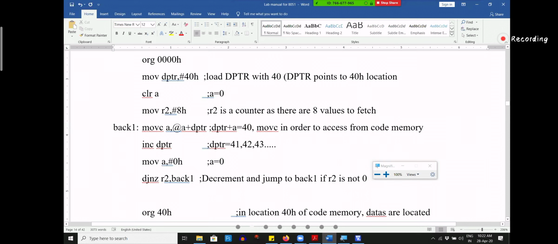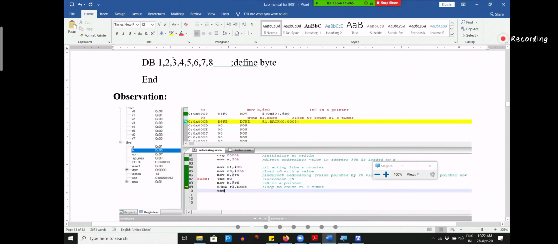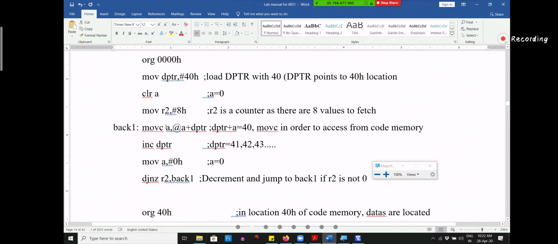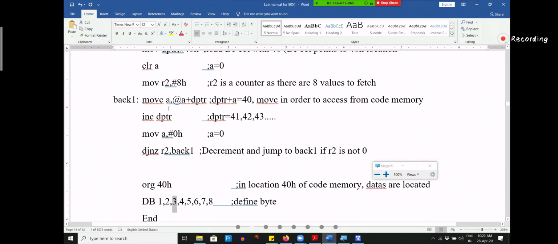I'm moving the value of 42 to A. That is 40, 41, 42. That is 3. Okay. Are you getting or not? Increment dptr, it will be 43. Now the location will be 43.